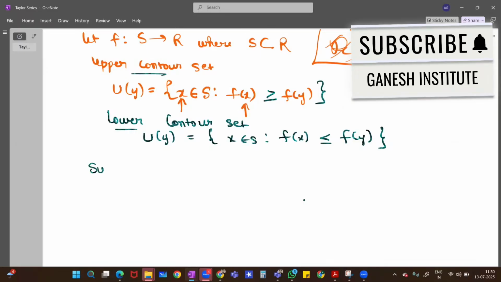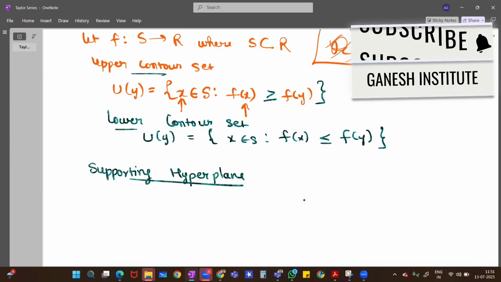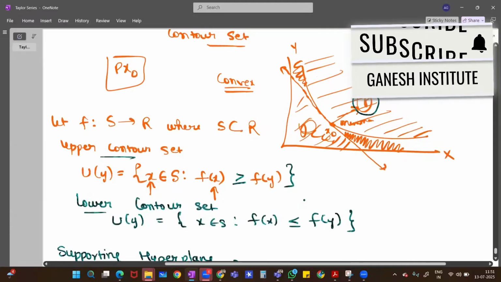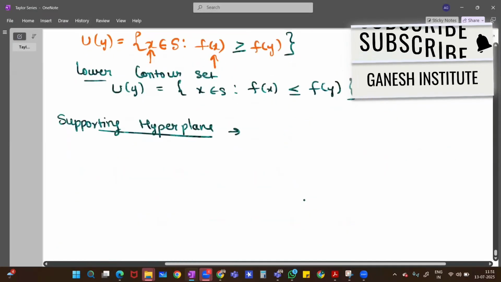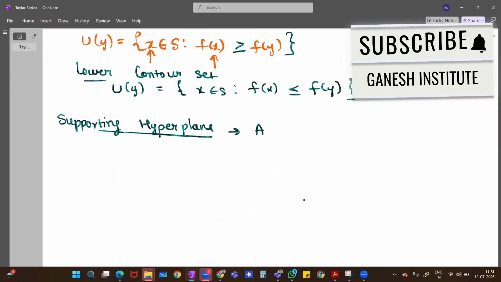There is one supporting hyperplane also. These are the terminologies which we are going to use. Supporting hyperplane. What do we mean by that? So this vector which I told you, which is giving a direction for x naught. So the supporting hyperplane is a vector.